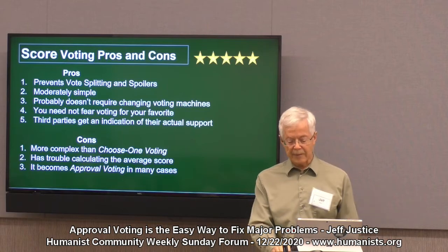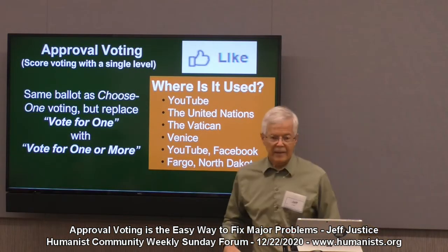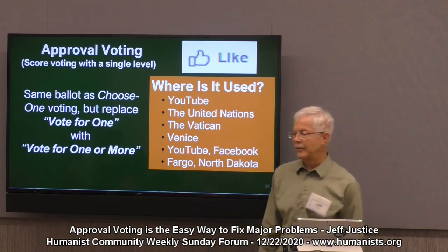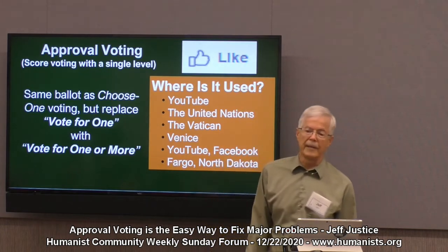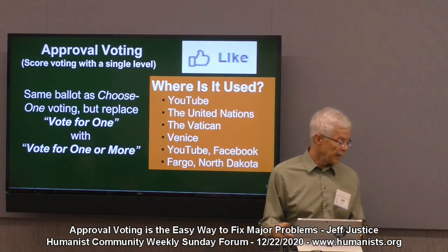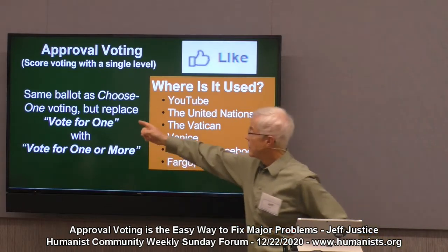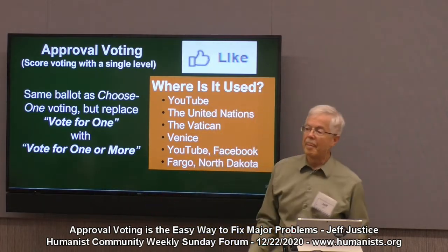So now we have some slides on approval voting finally. And I have a 2-minute video on what it is, but this is the text version of what it is. The ballot looks exactly like the ballot we have right now, except you replace the words vote for one with vote for one or more.